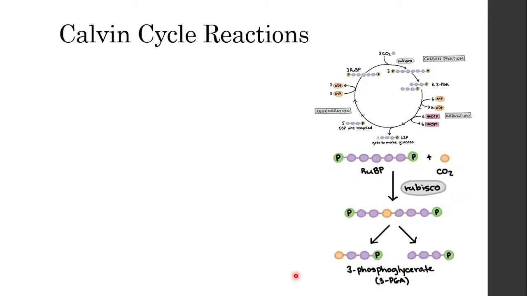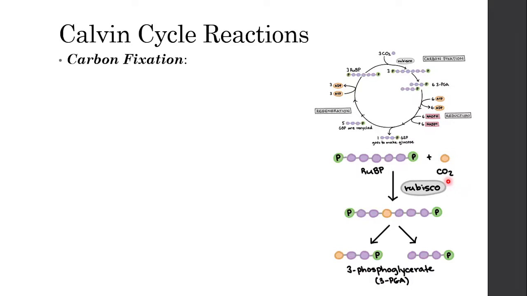In the Calvin cycle reactions, the first part that we are going to discuss is called carbon fixation, this part right here. This whole diagram is your whole Calvin cycle, and this part is the first part, called carbon fixation. If you remember, carbon fixation is basically where we fix carbon.